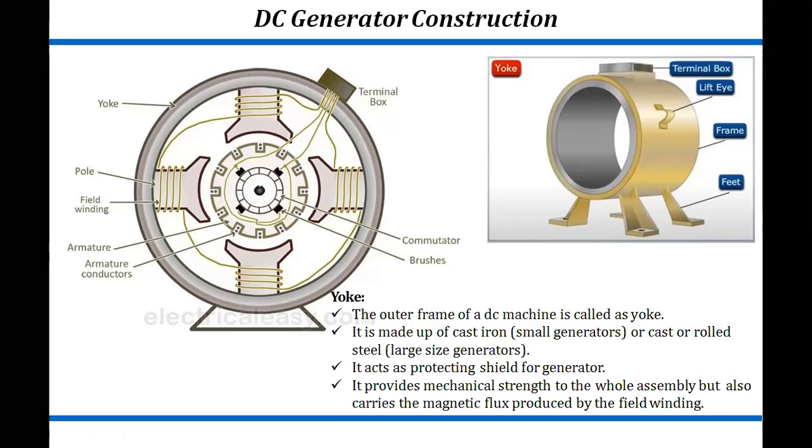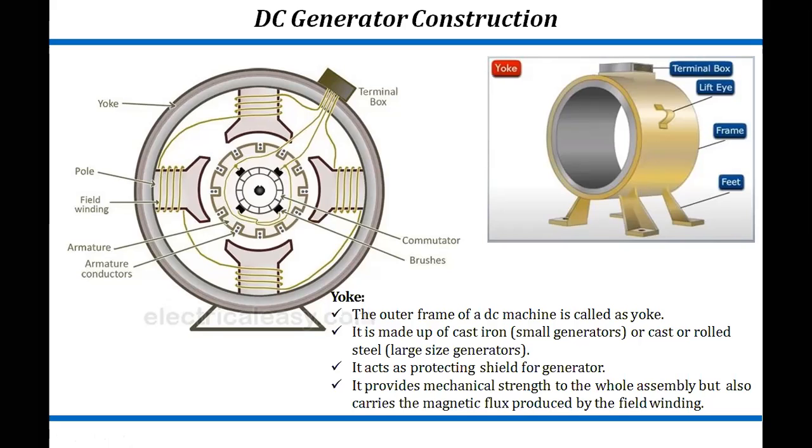If we use cast iron to make these poles, these four poles, we are saying these as poles, so we can make the poles by using cast steel or cast iron. If we use cast iron, there may be chances of blowholes in it while casting.